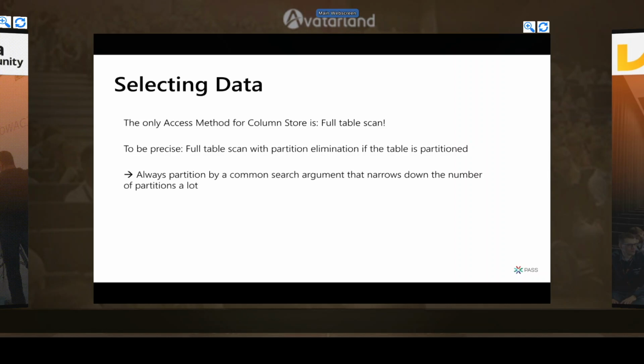My suggestion and my advice is to partition by a common search argument that narrows down the number of partitions a lot. That's easier said than done. And usually dates are a good start, especially in data warehouses, because normally there's always a date range involved, but you might become clever and do even more.